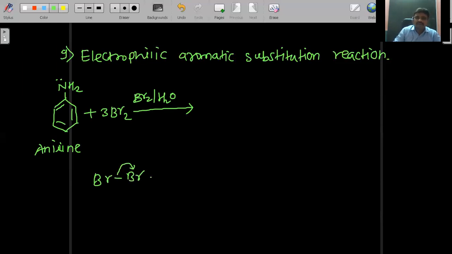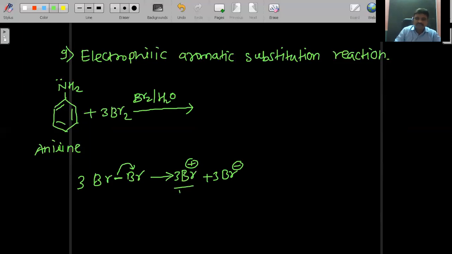Undergoes heterolytic fission means breaking of this bond takes place heterolytically, means after breaking of bond only one bromine gets two electrons. So the bromine which loses electron carries positive charge, the bromine which gets electron is negatively charged. Okay, so three bromines are taken, so here 3Br+ plus 3Br- is produced.